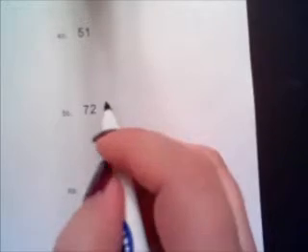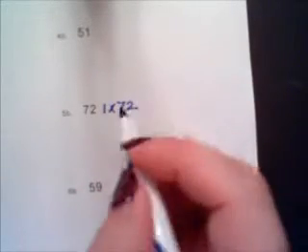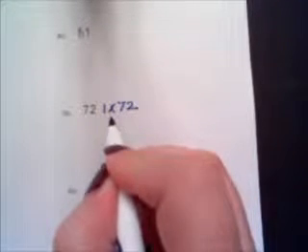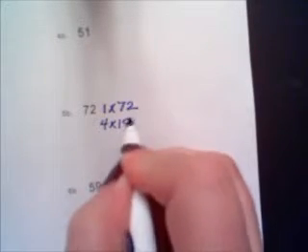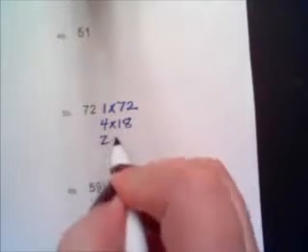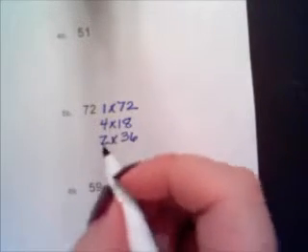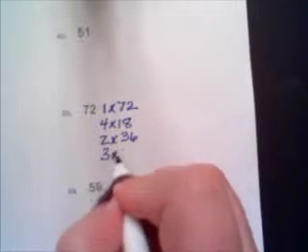Let's look at the number 72. Okay? All right. So what can we multiply to get 72? We can multiply 1 times 72. We can also multiply 4 times 18. We can multiply 2 times 36. We can multiply 3 times 24.